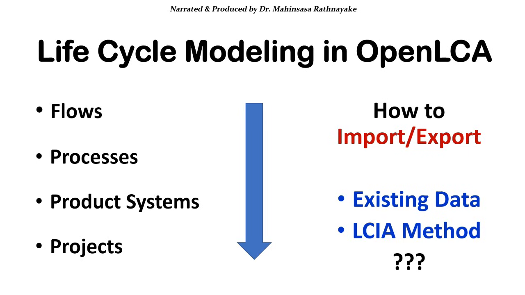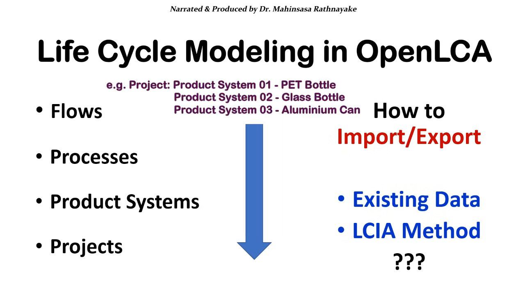If we need to compare two life cycles, then we have to define a project that can be included with many product systems. Like in the first example that we discussed to explain the LCA standard life cycle assessment methodology, there were three product systems.